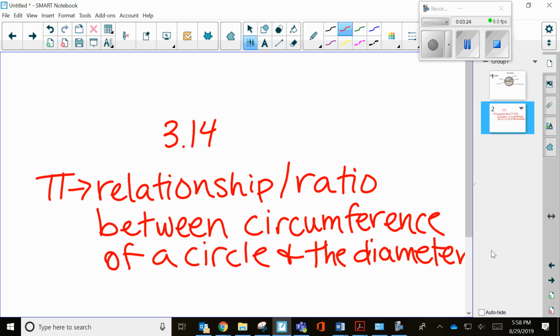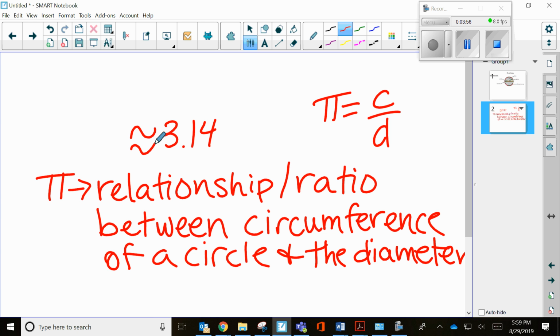So it's the relationship or ratio between the circumference and diameter. So I can write that as pi equals circumference divided by diameter. You can go around your house and measure the distance around the circle, measure the distance across the circle, and no matter what size that circle is, it will always come out to approximately 3.14.